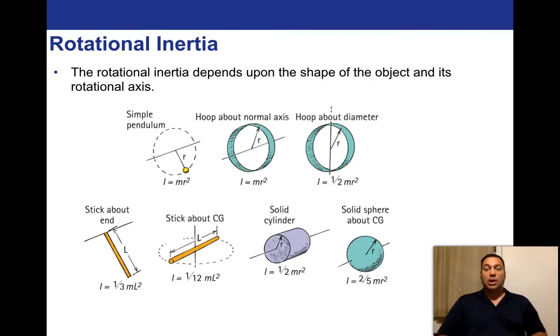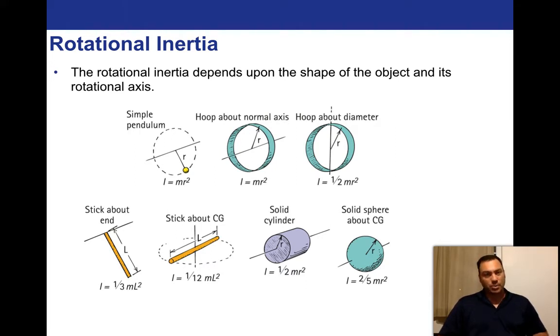All right, so that means that all objects have different formulas that describe their rotational inertia, and not only does the object itself have its own formula, but the way it's spinning produces its own formula. Now, many of these are derived using calculus and some advanced trigonometry. We're not going to worry about it at this point.